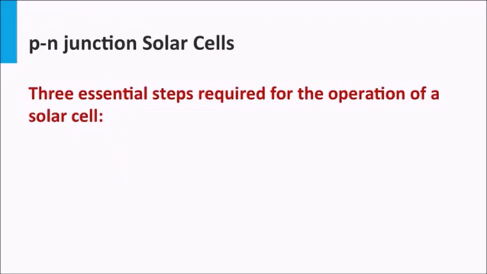Summarized, by illuminating a PN junction, we can generate under closed circuit conditions a current and under open circuit conditions a voltage. So the PN junction is a device which facilitates the photovoltaic effect.